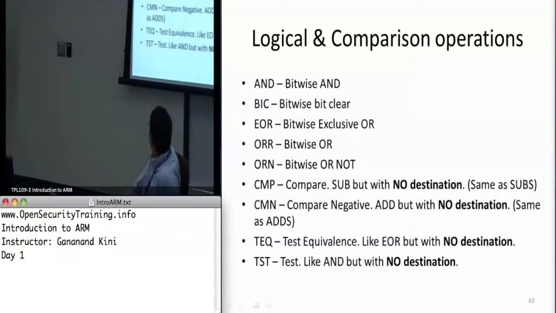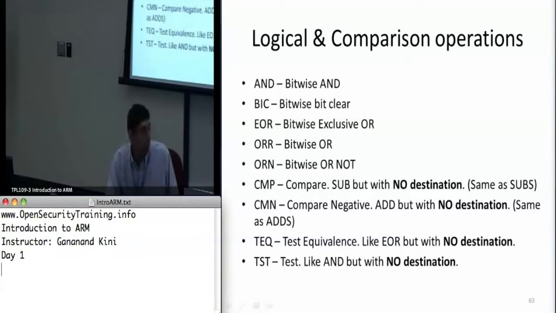Compare is interesting because all these logical operations actually end up updating your flags. That's how they figure out whether a logical operation was true or false: they do it using the flags. So compare, for example, takes the two operands, and you're trying to compare if it's greater than or equal and things like that.